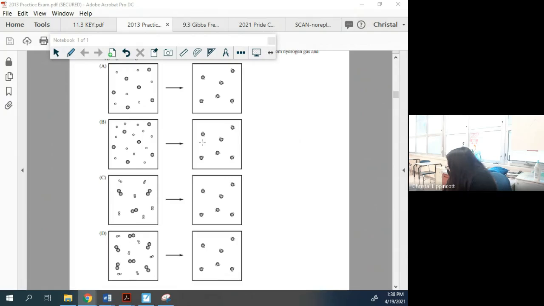Give me a thumbs up when you got this one done. Good? Okay. So if we look at this one, first of all, these 2 you can automatically eliminate right away. Why? Right, they're not diatomic. So these are gone.